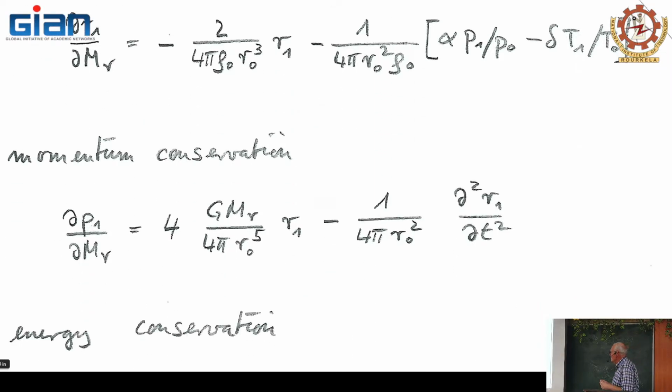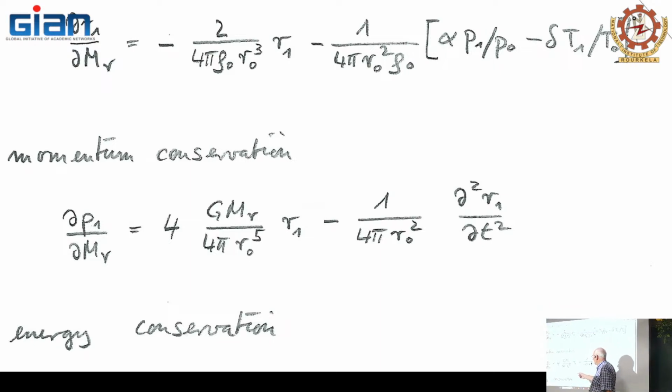We have this dp by dm, which is the 1 over r to the 4th linearization, and this here is the acceleration term, where the acceleration is a first order quantity itself, because r naught is not time dependent.